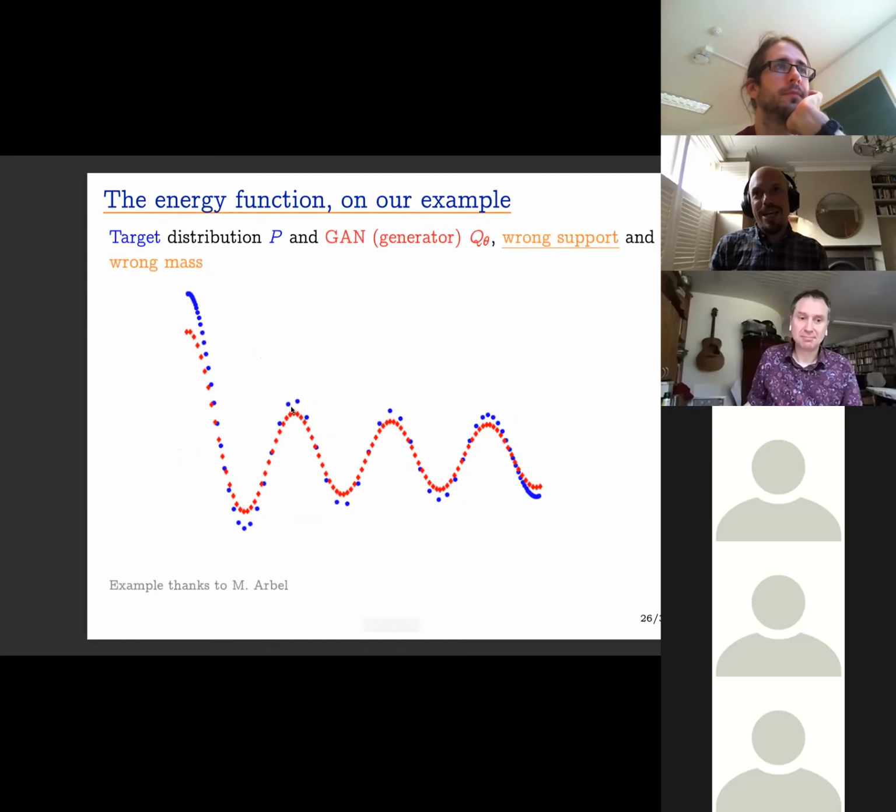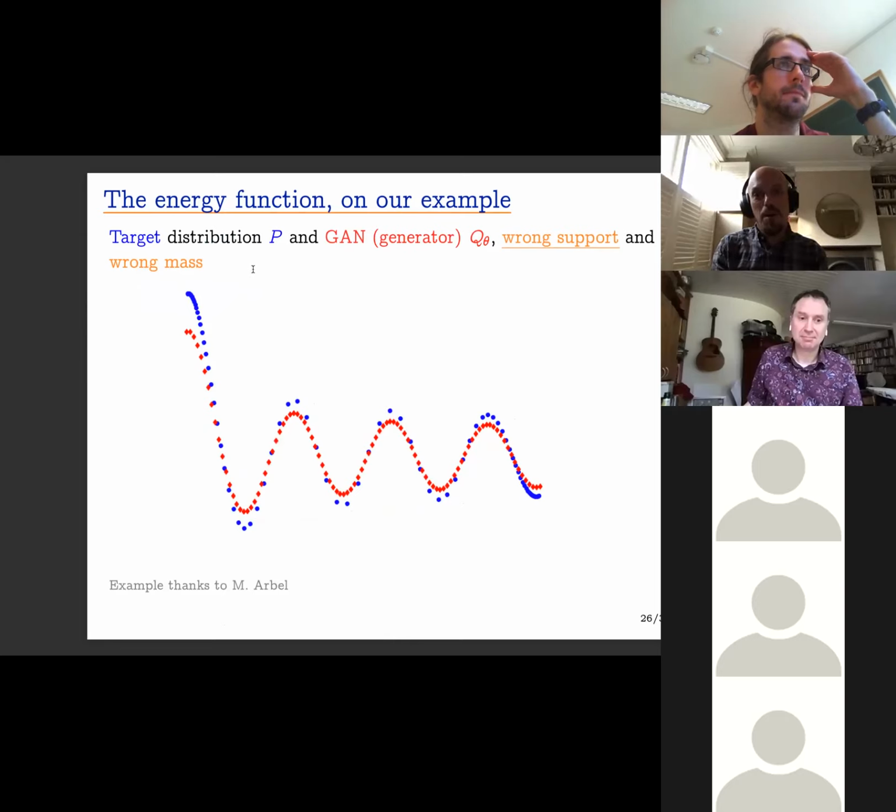Now, here is why generalized energy-based models are generalized. In practice, the GAN will never hit the support of P. It'll get close, but it won't hit the support. So here is basically what happens in 2D in any practical setting. The GAN will get everything wrong. It'll get the support wrong, and it'll get the mass wrong.